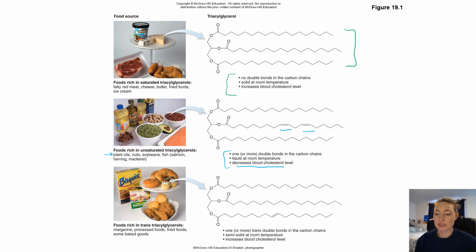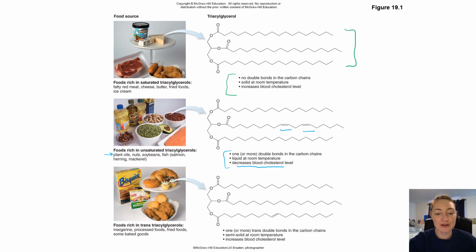Whenever you hear somebody say you want a diet low in saturated fats, it's because they want you to decrease your blood cholesterol and replace that with your unsaturated fats instead. We are amazing. We were able to take fats that were healthy and make them unhealthy by hydrogenating them.